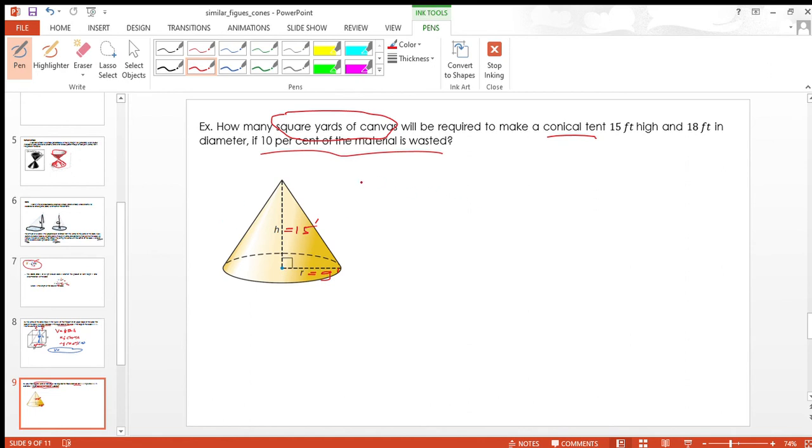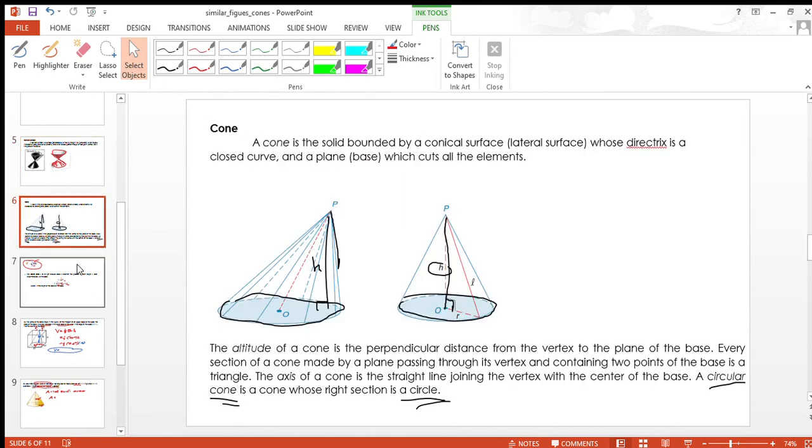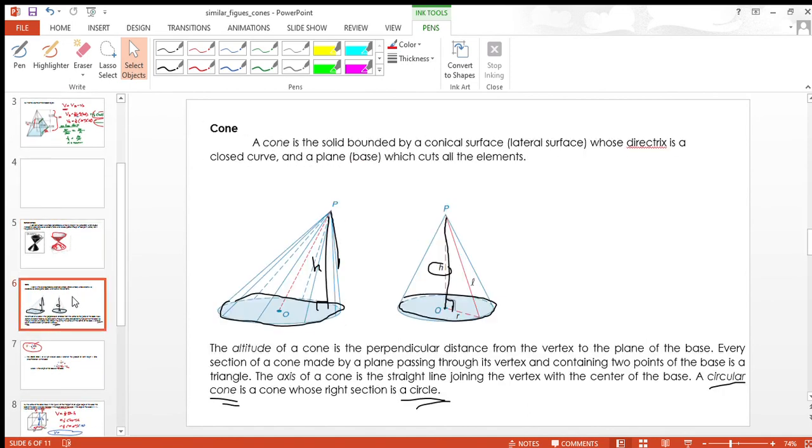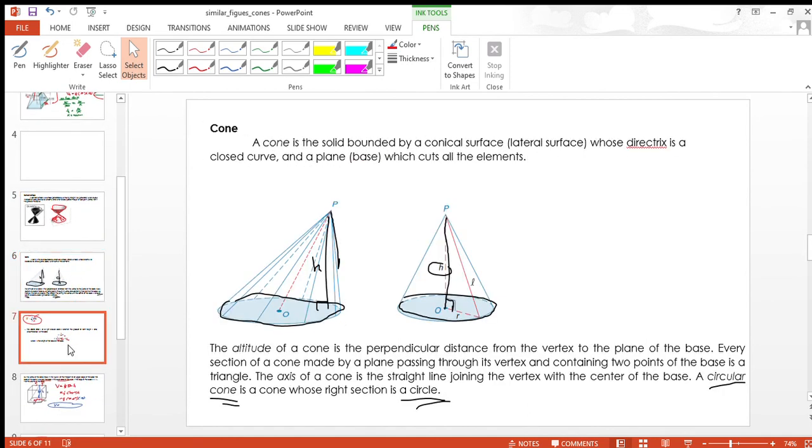So if we will now let A be the lateral surface area of the tent. By formula, let's refresh our formula.